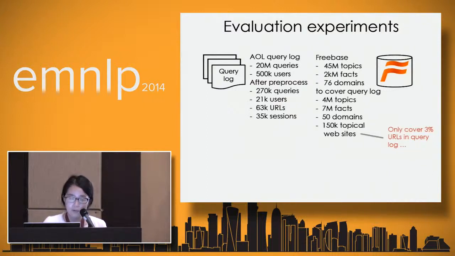And even though Freebase has a lot of information about topical equivalent websites, we can see only a small part of URLs in the query log can be covered. So actually, it's meaningful to make URLs a kind of intent topic.